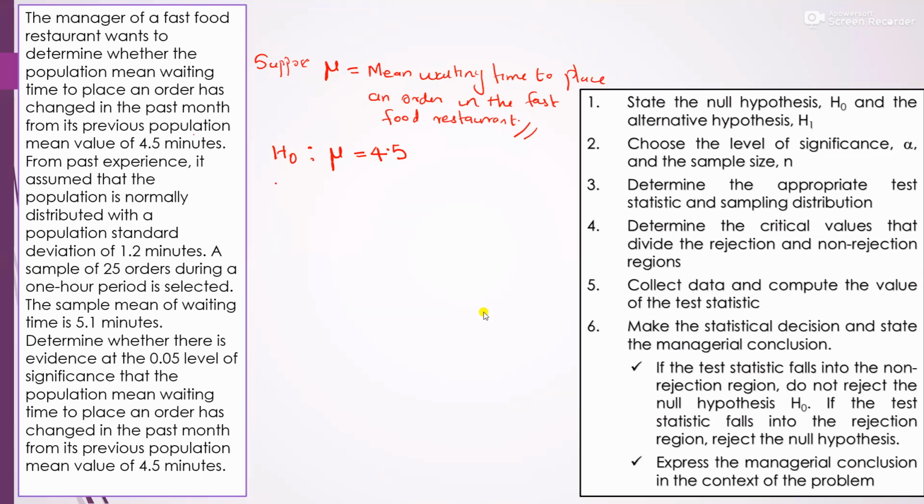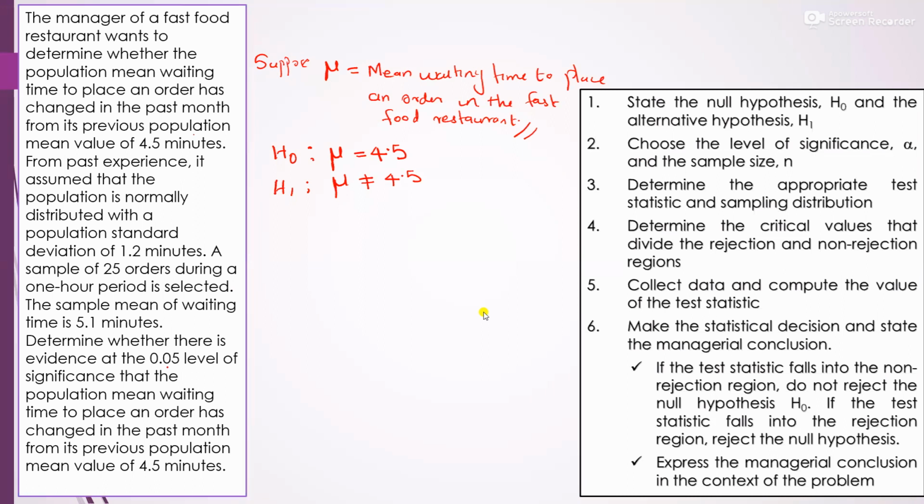Then H1, the alternative. We want to test whether it is still 4.5 or not. So mu not equal to 4.5. Now we completed the first step. Then the second step: choose the level of significance alpha and the sample size, right?